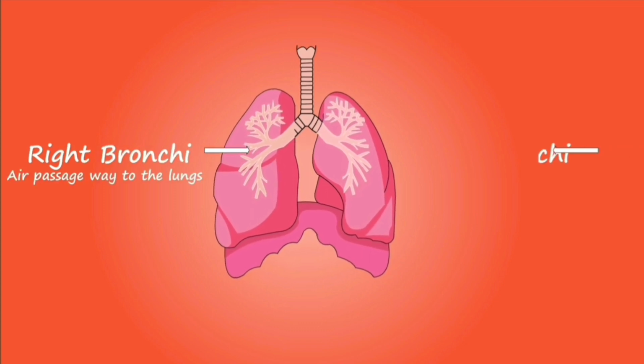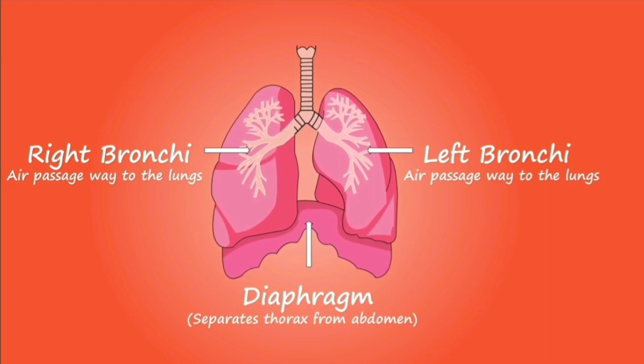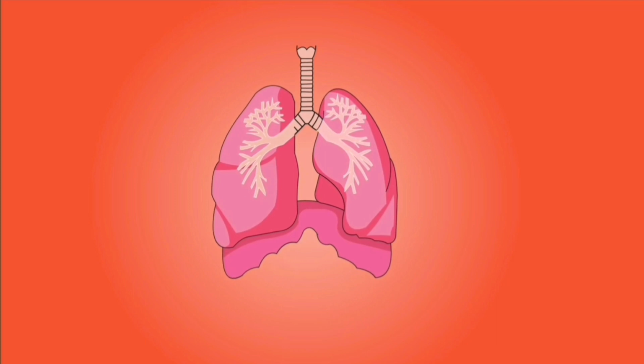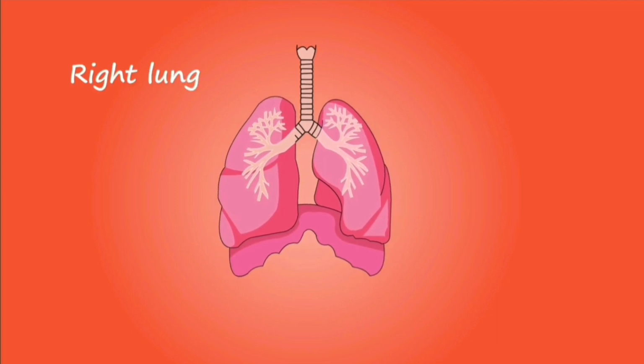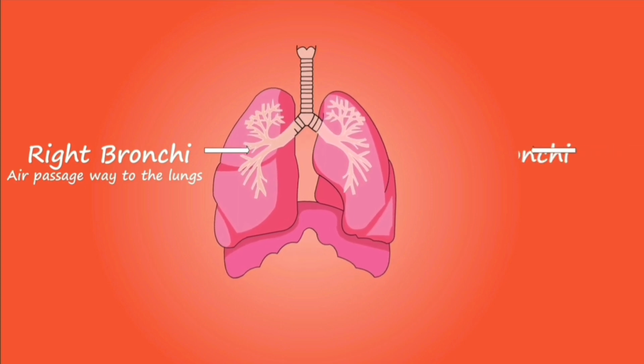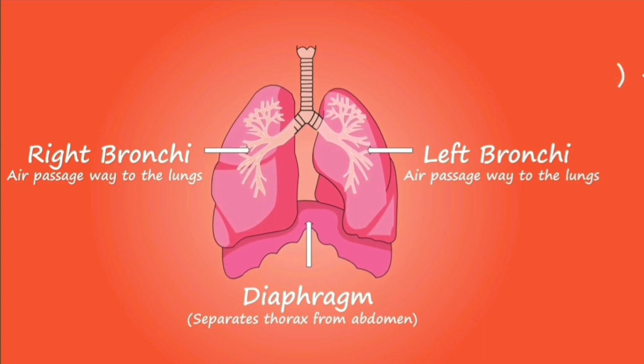Now, this process of respiration, that is inspiration and expiration together, is helped by the raising and lowering of the thoracic cage and also by the diaphragm. Now, what is this diaphragm?